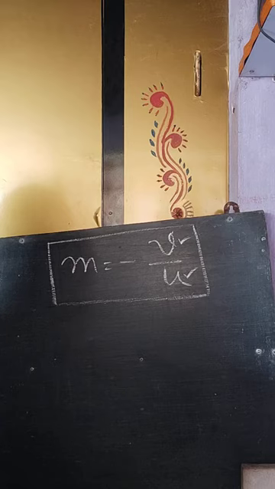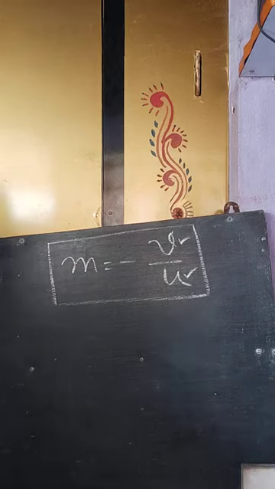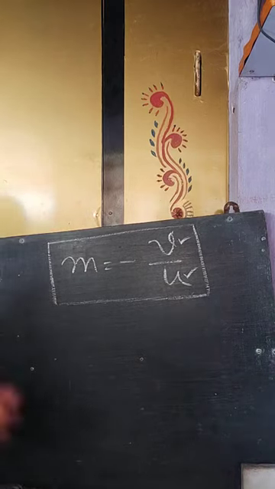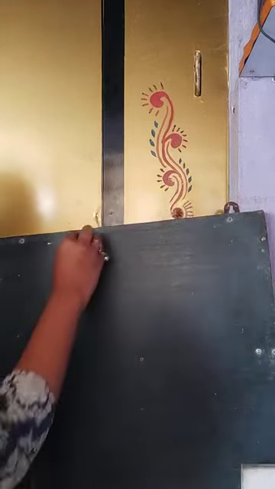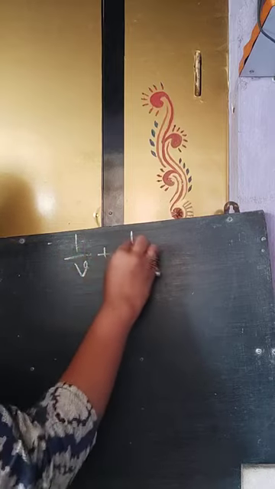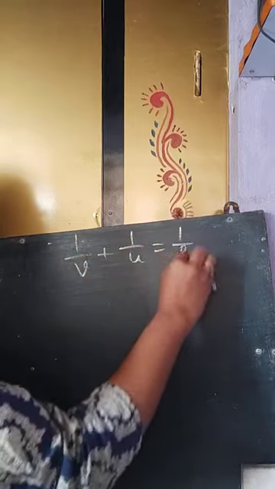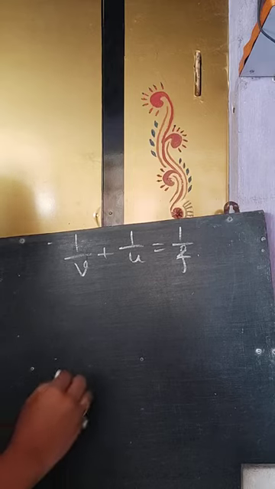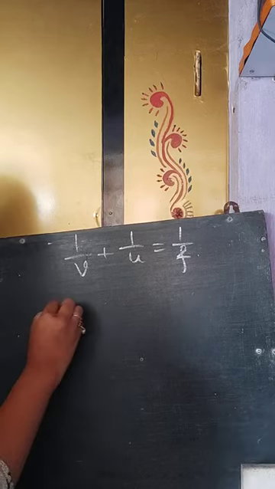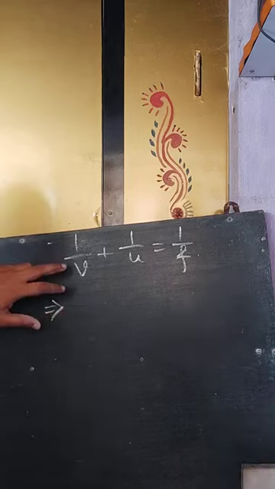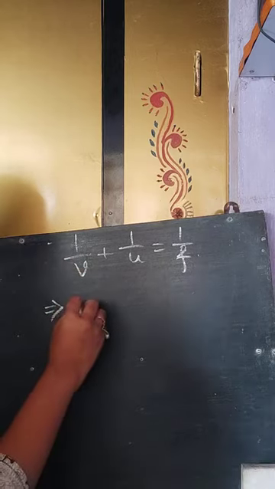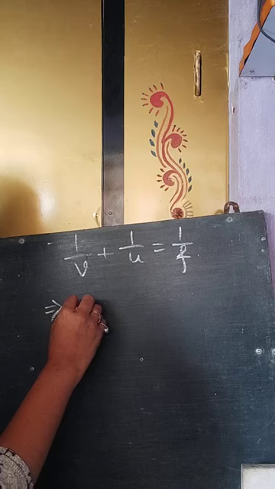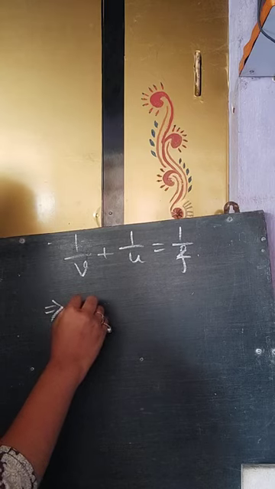Now coming to the next part. By the mirror formula, what is the mirror formula? That is 1 by v plus 1 by u equals 1 by f, right? So from here, if I adjust this v, is it possible to write like this?